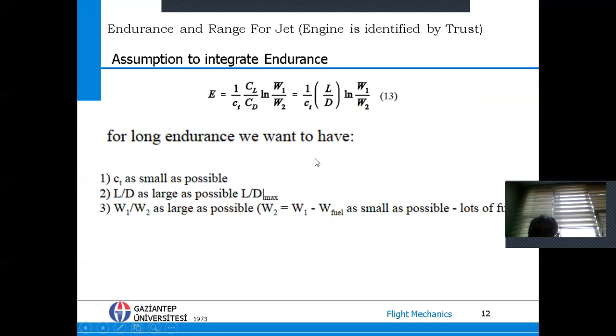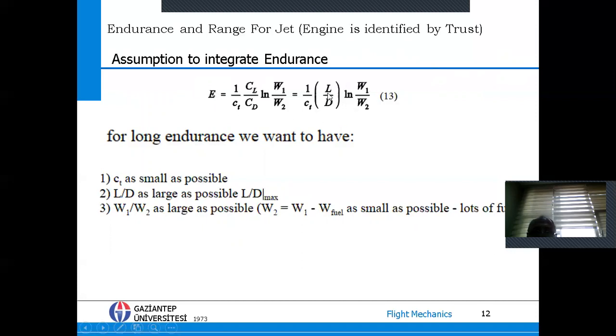Okay, so this is the same equation, but we need to discuss it. For long endurance, of course, this is a good characteristic to have. The equation says that if you need to maximize endurance, what you have to do?